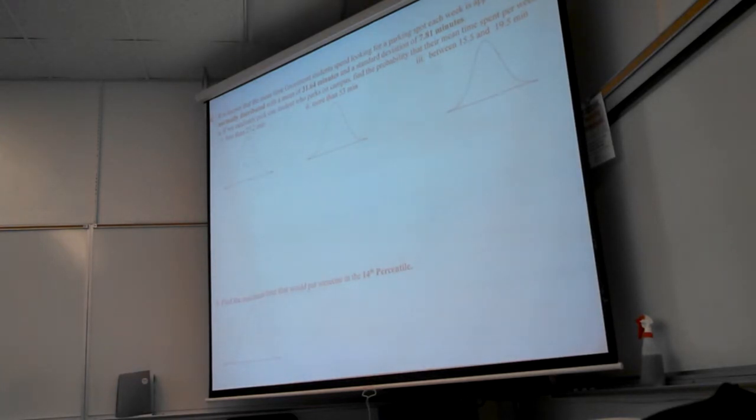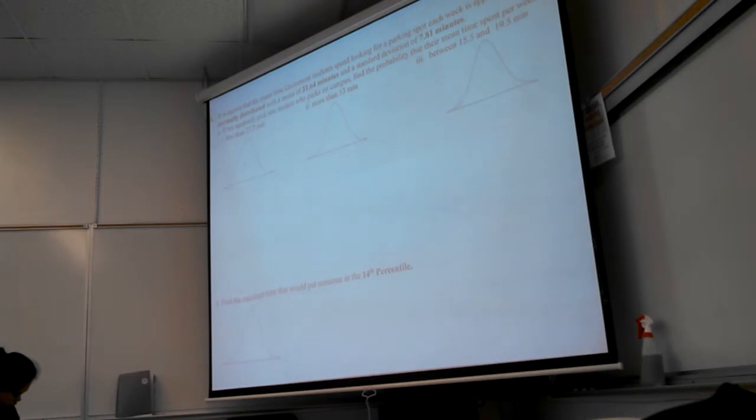Where are we at? You have negative 0.5 for the z-score. 0.57, yeah. Okay, good. So look at negative 0.57. It's supposed to be more than, right? More than, yeah, exactly.